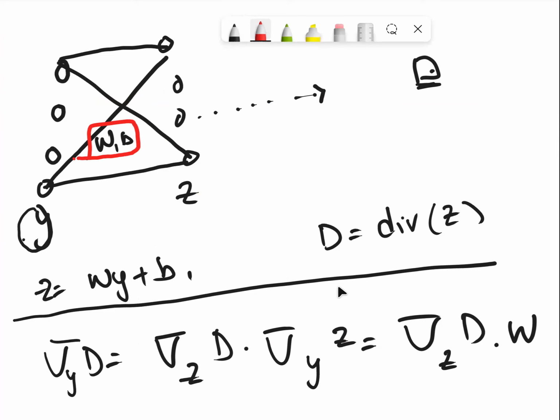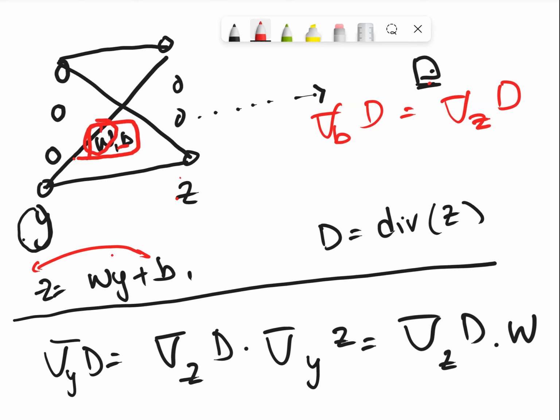The derivative of the divergence with respect to B is simply going to be, because Z is identically related to B, right? So we get the derivative of the divergence with respect to B equals the derivative of the divergence with respect to Z. Harshit, is that making sense? Yes. Okay. And then there was the final bit. If I want the derivative of the divergence with respect to W, that was simply Y times the derivative of the divergence with respect to Z.